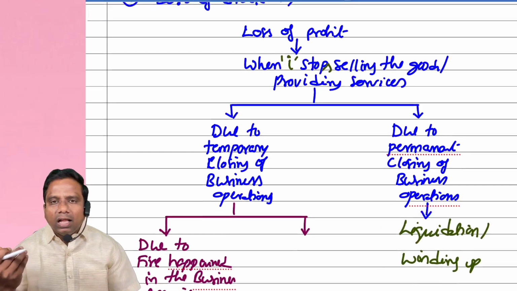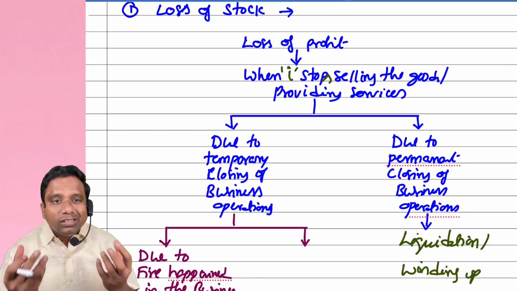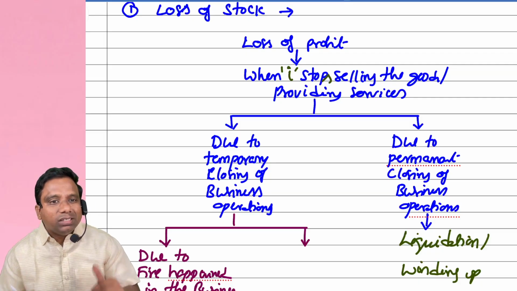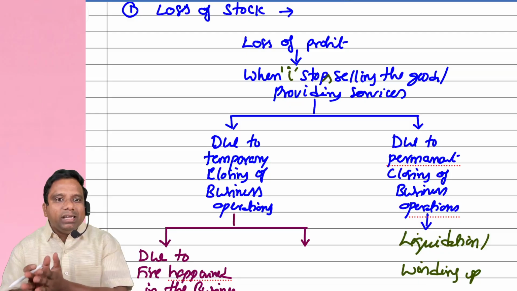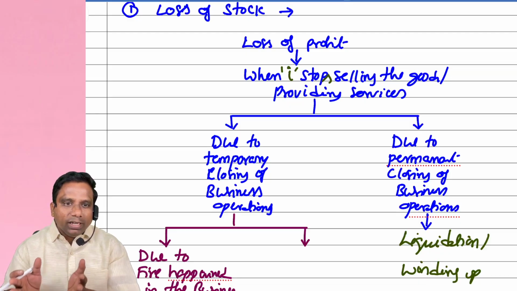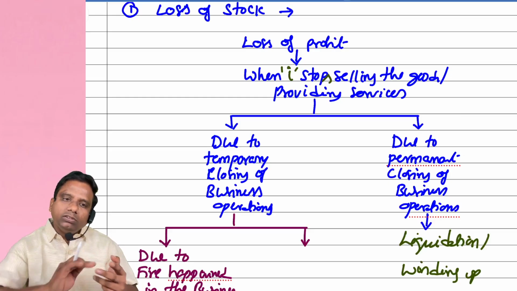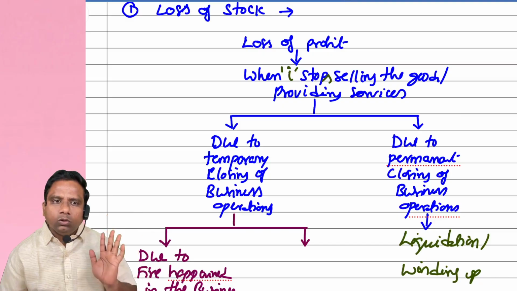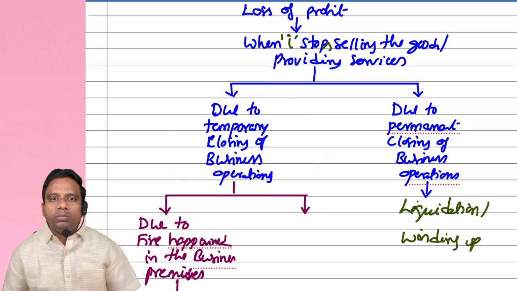In that case, I will not do any business, so there is no concept of loss of profit. Because if you do business and don't generate turnover, then the concept of loss of profit comes in. But here you are not doing any business. So due to permanent closing of business operation, there is no turnover, which means no profit. Now come to the concept of temporary closing of business operation.